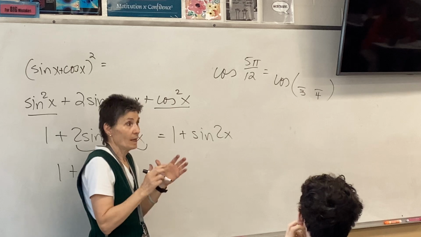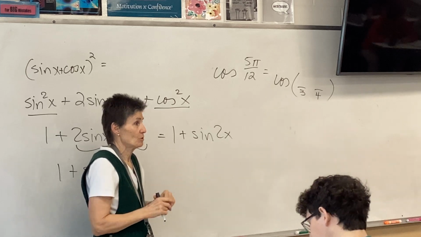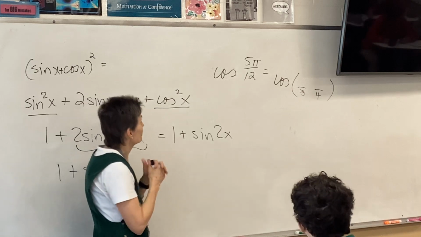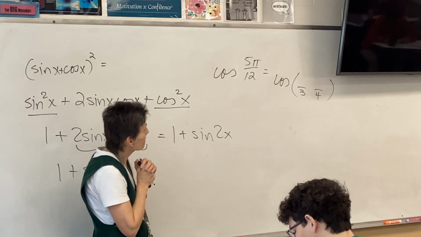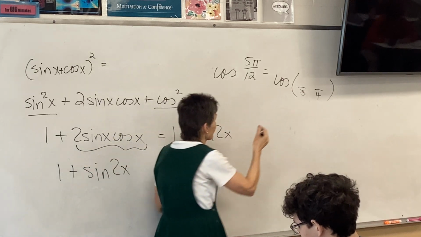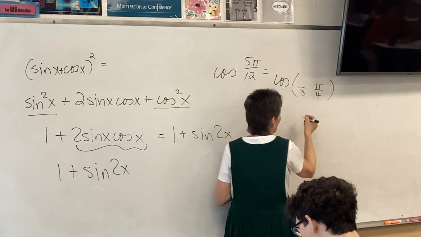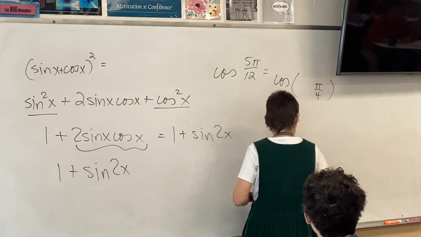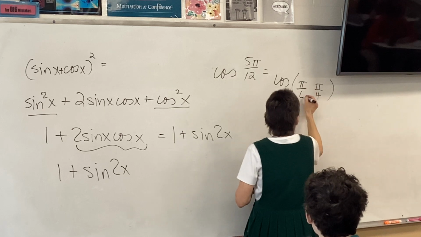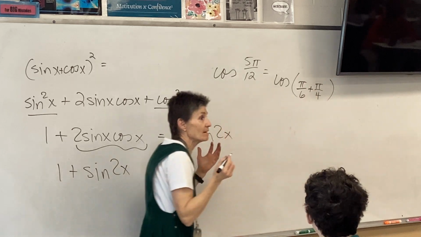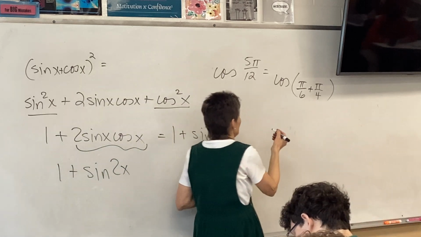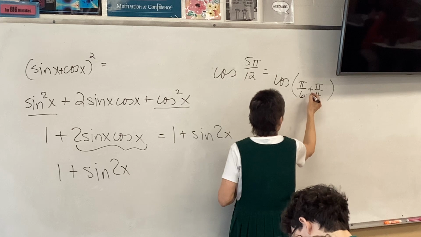All right, so lots of options. You can add or subtract. So, anybody have a thought? Pi over 4 and what? Pi over 6. Oh, pi over 6. Well, let's add them and see if that gives us pi over 12. You're going to get 12 as your common denominator.